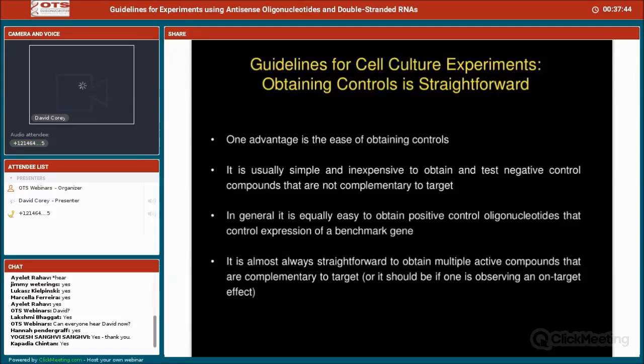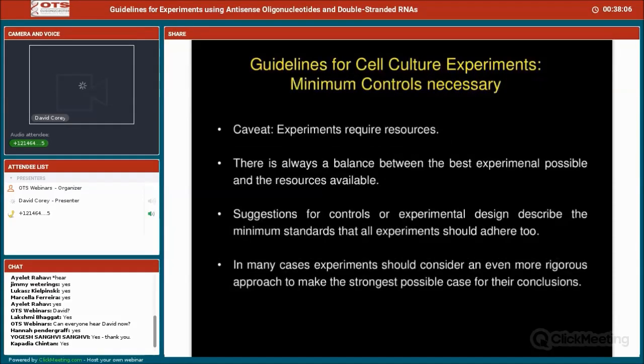And finally, it is almost always going to be possible to obtain more than one active compound against your target. So it's obviously an advantage, if you're looking at a phenotype, to have 2 or 3 compounds that knock down your target, and then several compounds that are not complementary that don't, when you're evaluating what the phenotype is.